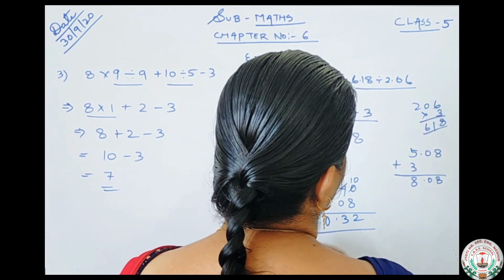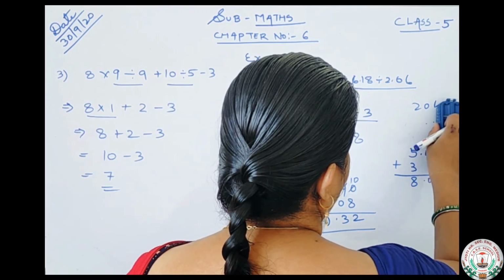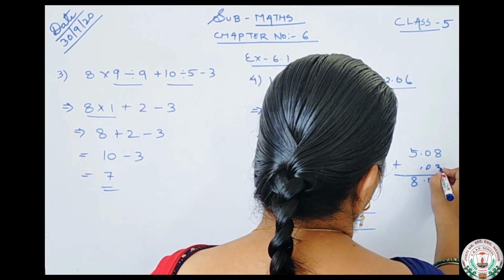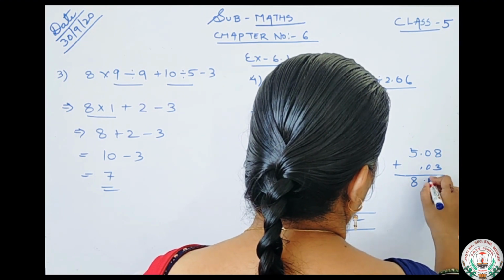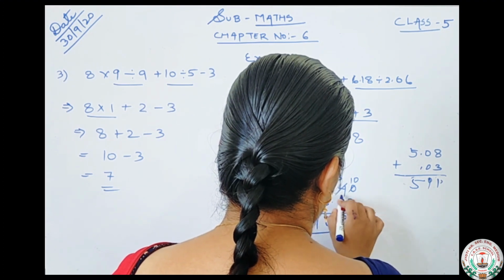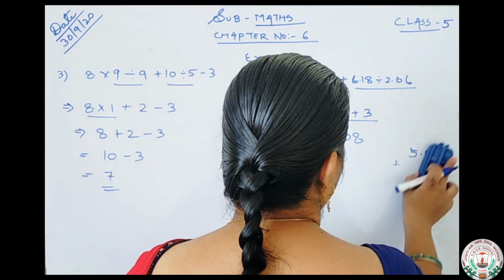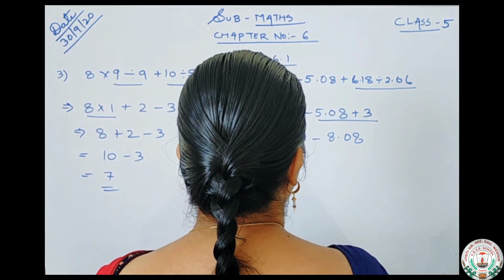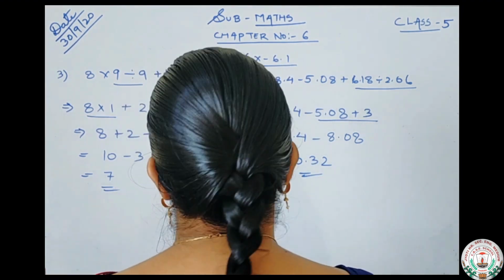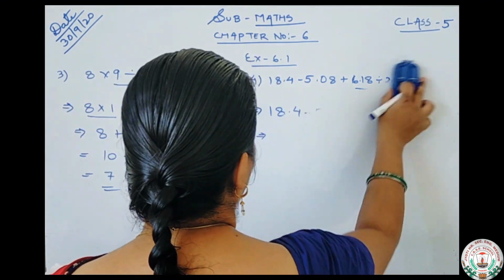Yes, you will get 3. So no decimal point will be there because decimal we have removed. Then we will minus. So, okay. So what is your answer? Your answer is 10.32. Okay.